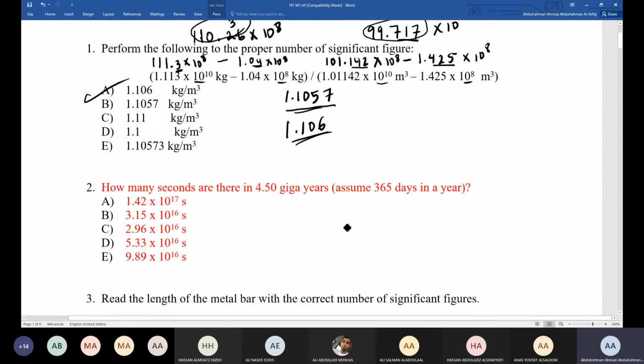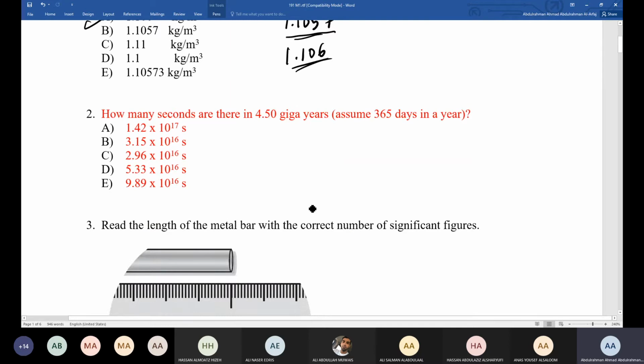Good. Next, how many seconds are there in 4.50 gigayears? One gigayear is how many years? 10 to the power 9 years.